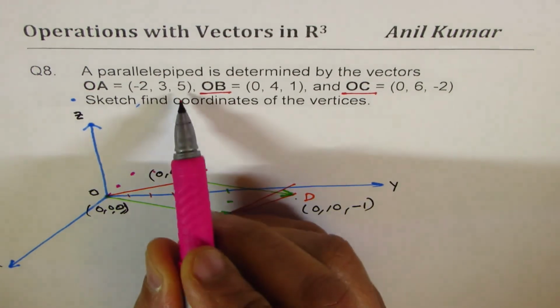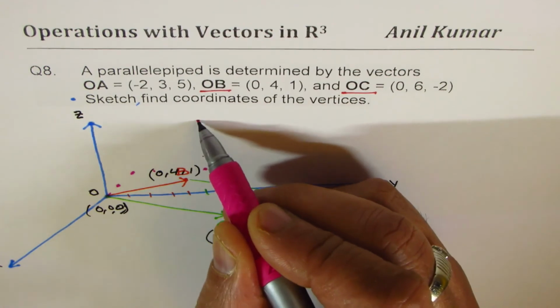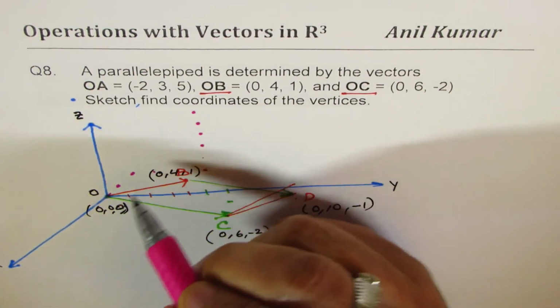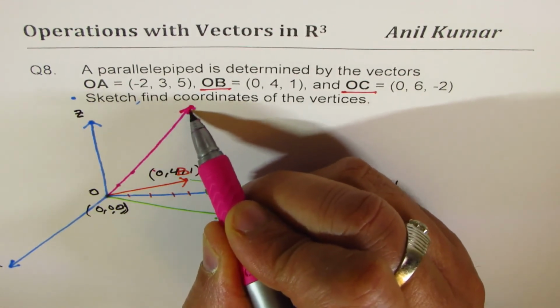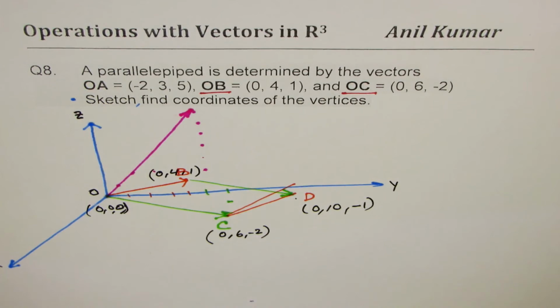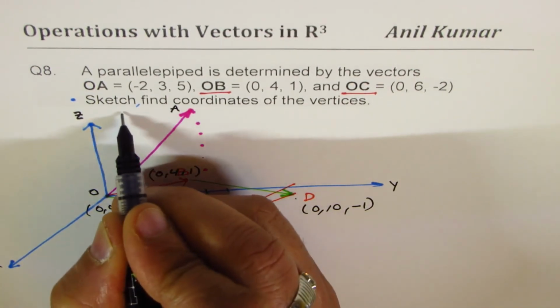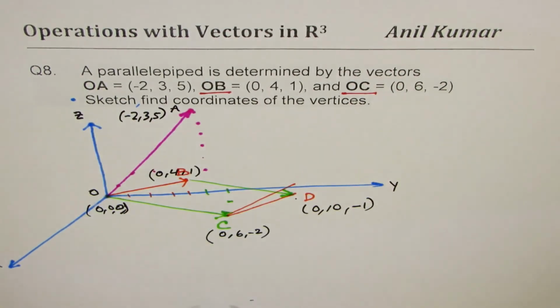So we are here, 3, and 5 up. So we go 1, 2, 3, 4, and 1, 5. So let's reach this point, and we'll call this OA. So the point A has coordinates -2, 3, and 5.